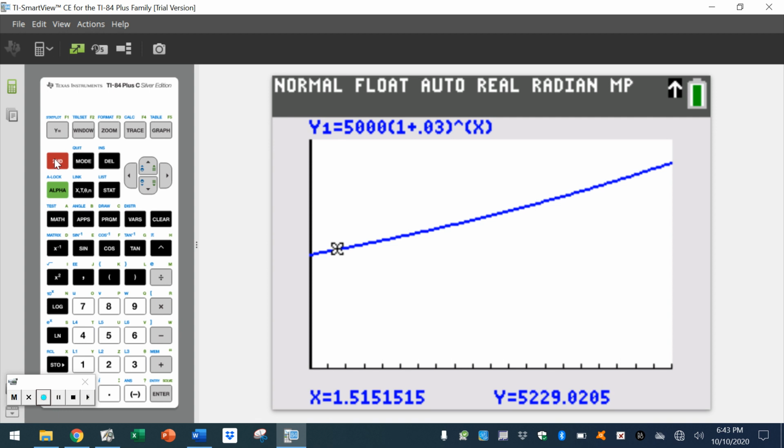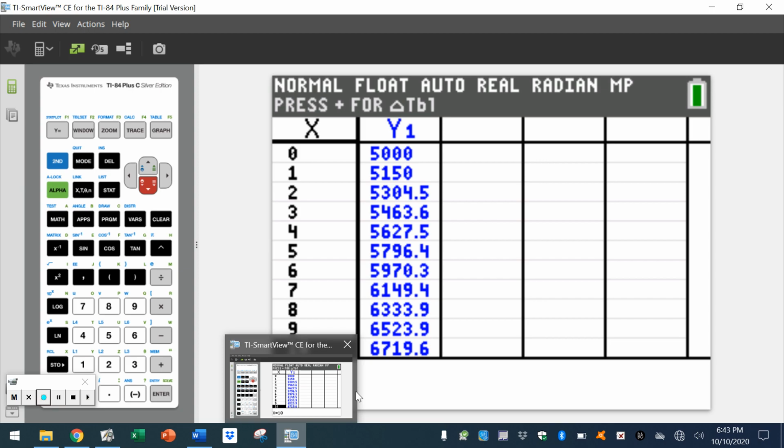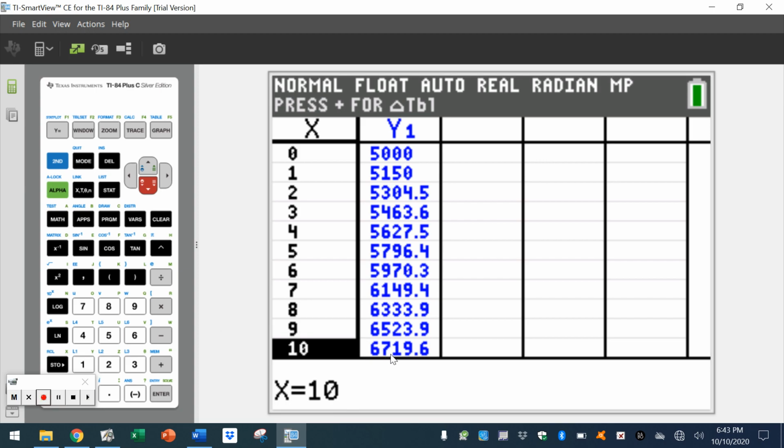Go look at your table, and you can see the population is growing each year until you get to year 10. So on year 10, our population is 6,719.6 people. They did not tell us how to round the answer, so I think 6,720 would be a good answer.